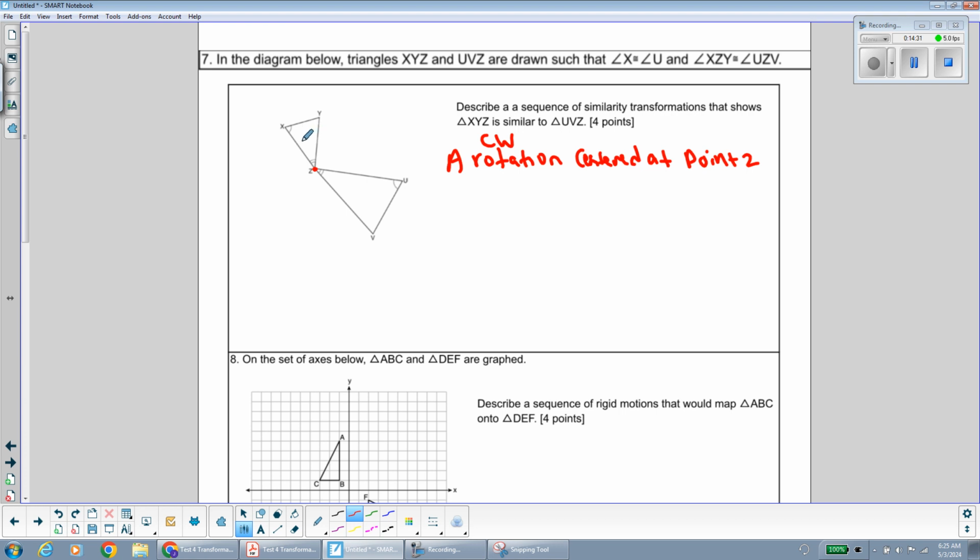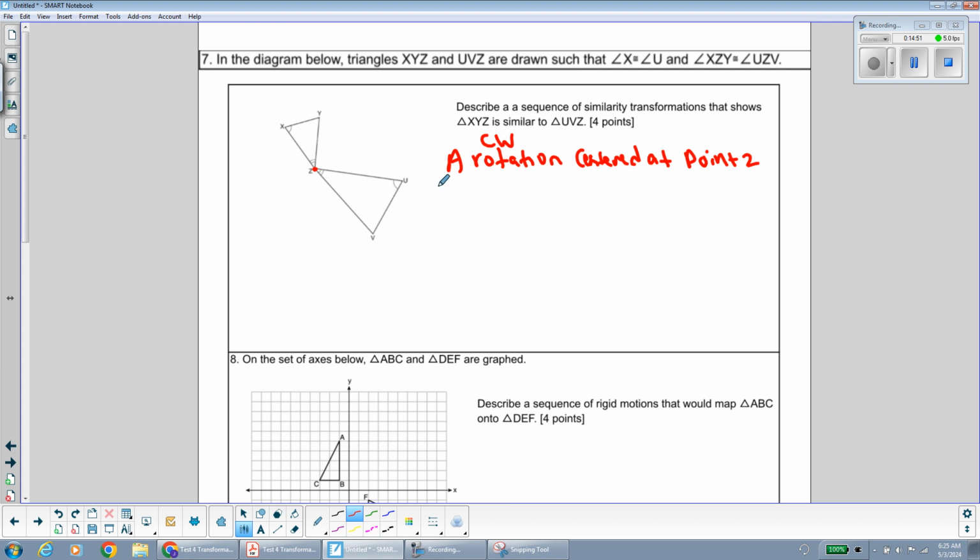We need to know when to stop turning the shape so that it aligns to this one. We don't want it to stop turning here or to stop turning here. We want it to turn and match up exactly to this one. So I'm going to use the language of the question to illustrate that.